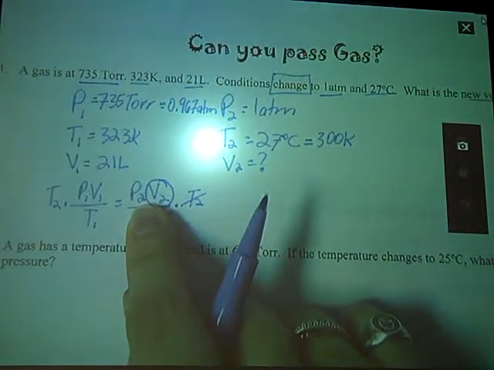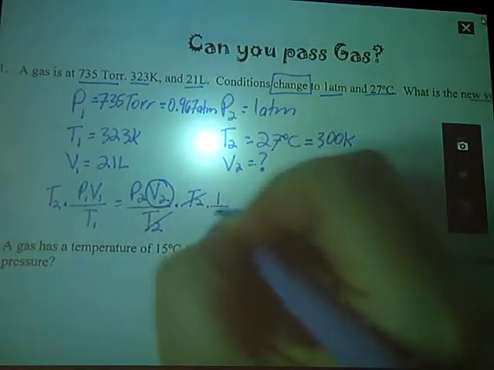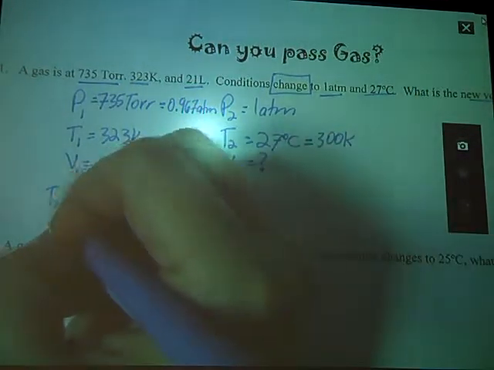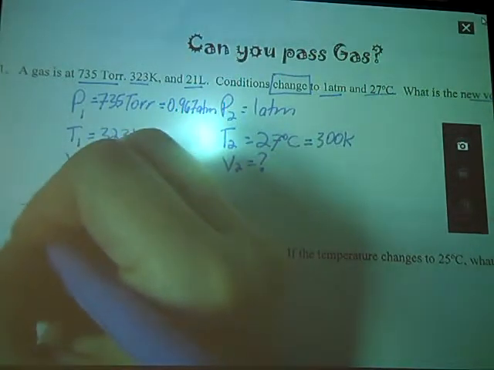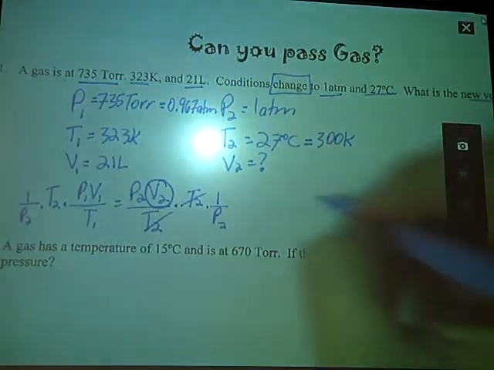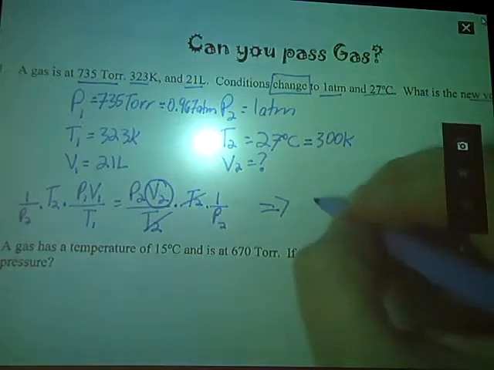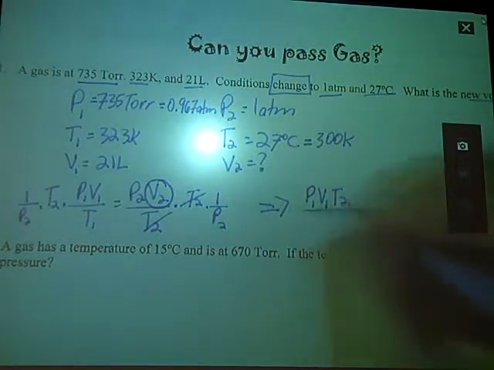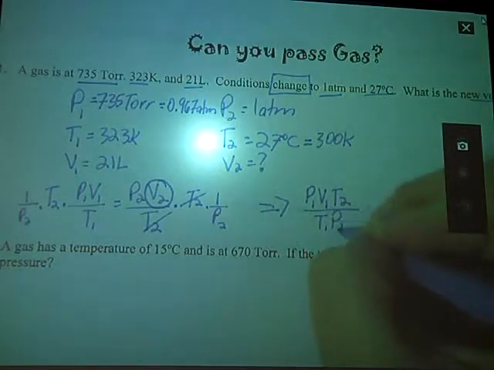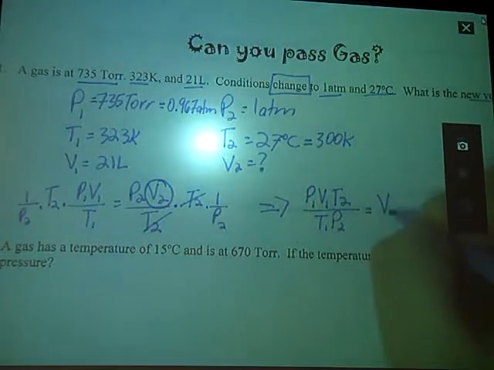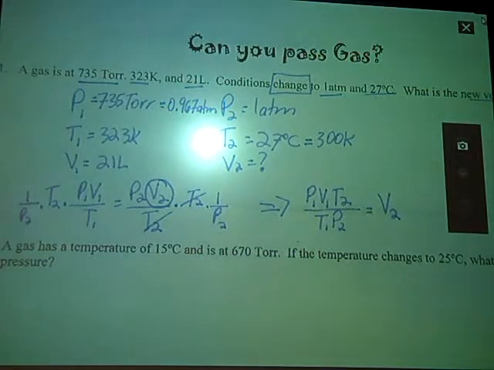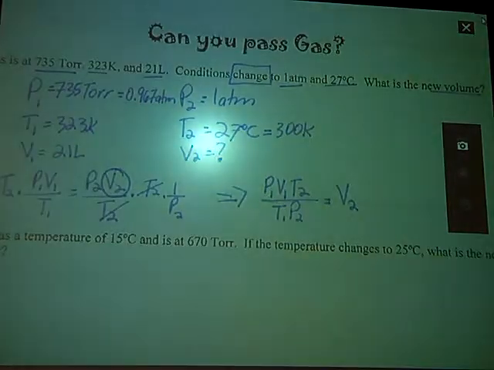P2 is being multiplied here, so I got to divide both sides by P2. I rewrite that over here. So now we can just plug in our numbers and hit equal on our calculator.